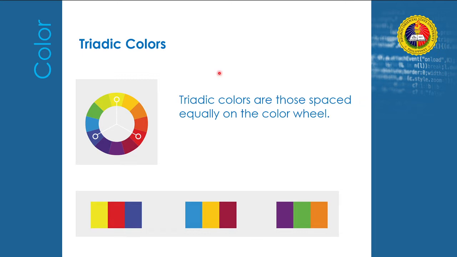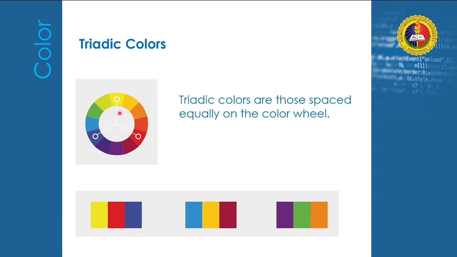So, if you've noticed, on triadic colors, from the term triad, di ba? They're at equal sides, di ba? Wala dapat ang meaning of triad. So, if we take a look at the color wheel, the three colors that are spaced equally from each other are the triadic colors.